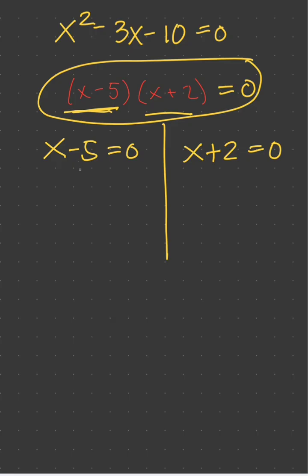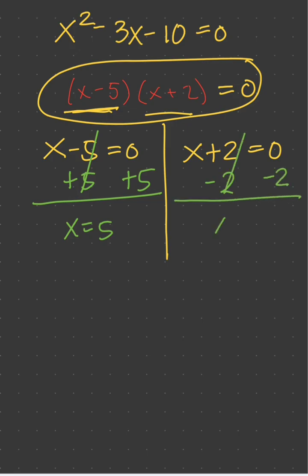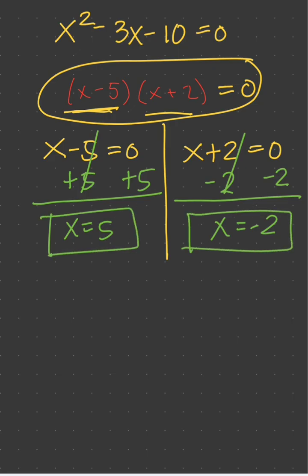Okay, so you add 5 here. It's the same as what we did. Yeah, see? Or you transpose 5. So you just add 5 there to both sides. So x is equal to 5. And here you subtract 2 from both sides. So x is equal to negative 2. So these are the values of x.